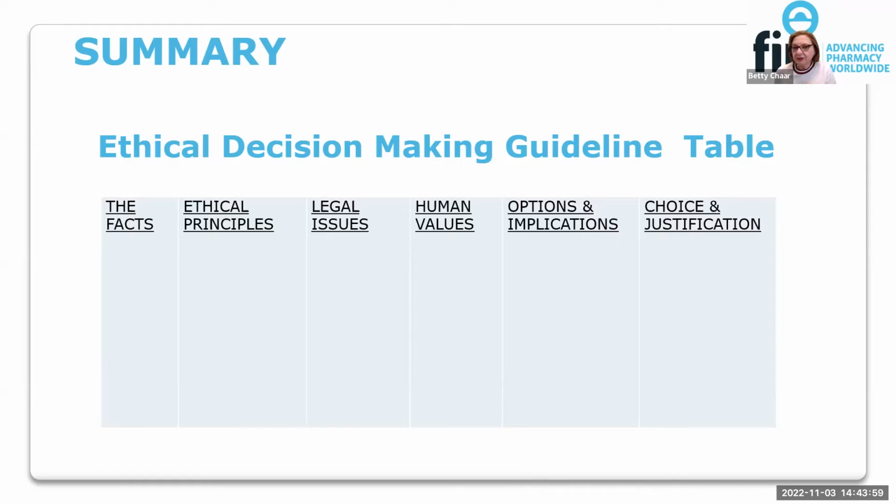What human values will move us to make one decision or another, especially if it's something to do with the patient's values? And what options do we have? What implications do each of those options have, and do they pass the red face test? You make that choice, and you make sure that you have a principled justification to defend that decision.